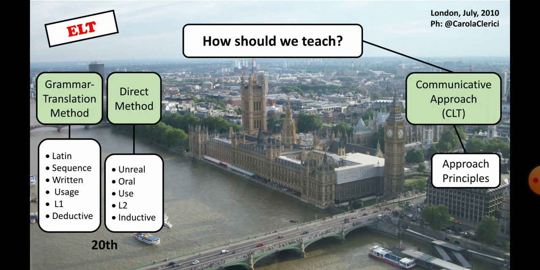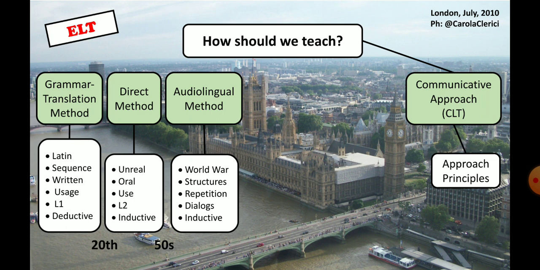The mother tongue was not allowed at all because they had this inductive approach, like students were exposed to the language and they would pick up the grammar sometime later on. The only problem with this one, they focused on use, but it was unrealistic. They used classroom language mainly and sentences like the pencil is on the table that students would not use in real life situations. So they didn't consider real life language, just classroom language.